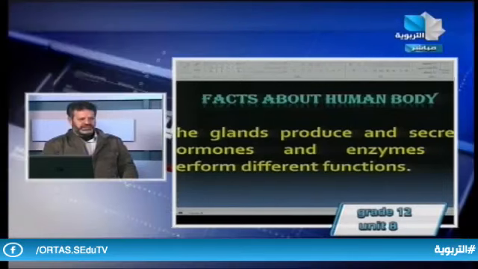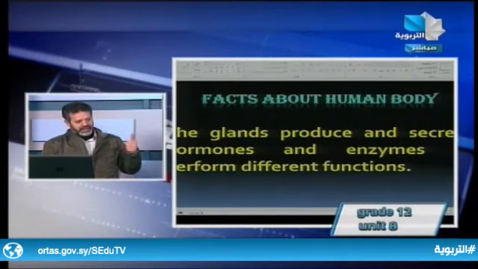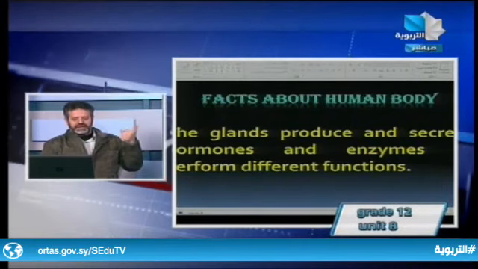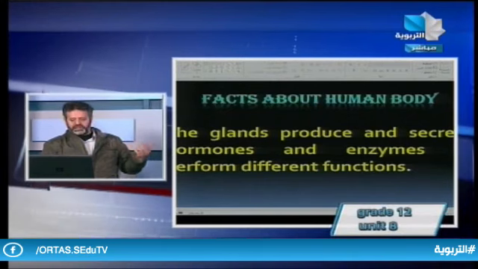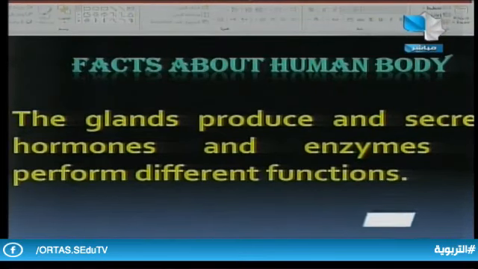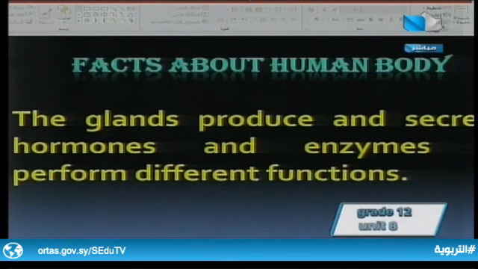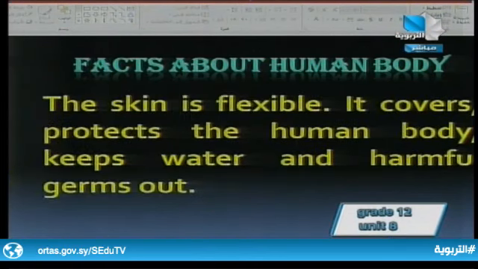The glands produce and secrete hormones and enzymes to perform different functions.